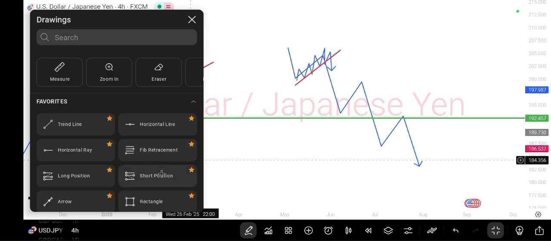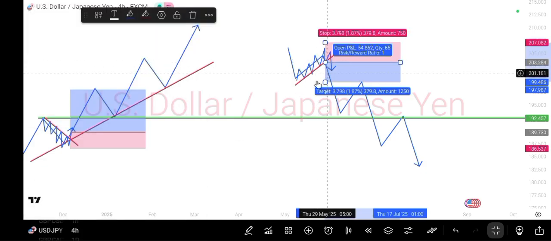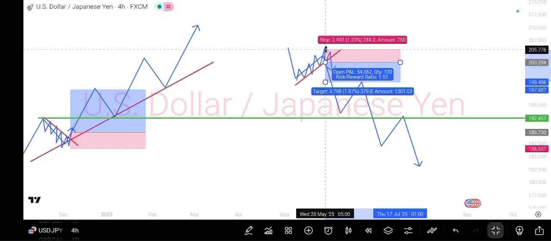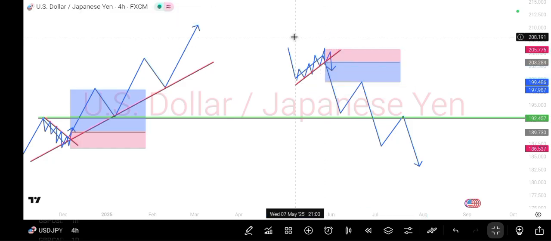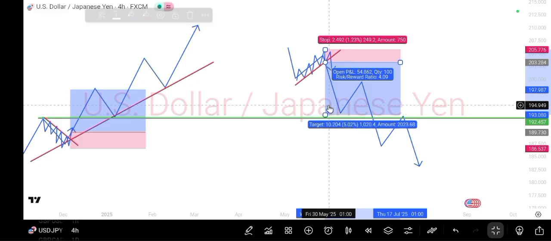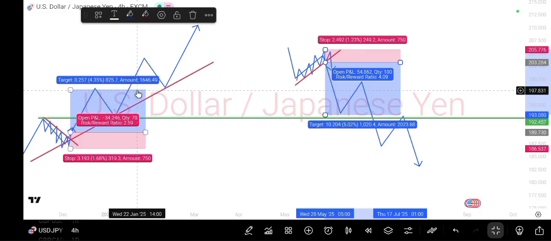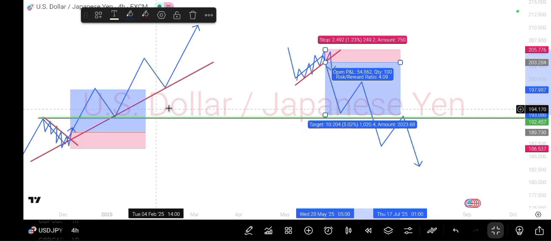Execute your sell position here, with first TP and stop loss above the last level, just like so. Then as the market goes in your favor, you continue trailing stop until you hit your final TP. That's the same, just the inverse of the uptrend.